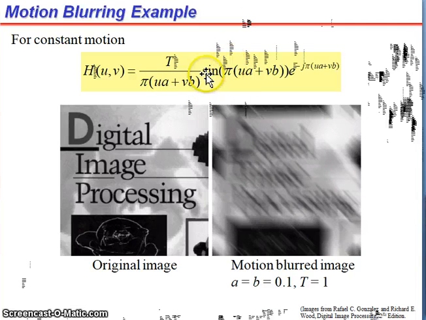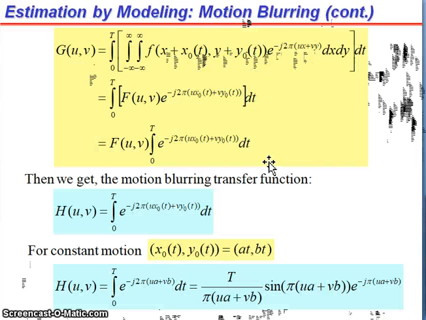Here this is a blurred image, where a, b is 0.1 and T is 1. Now I can easily find out the H of u comma v. This is due to this motion blurring. If I substitute in this equation, you can get an image like this. From this H of u comma v, I can reconstruct the original image from this blurred image. That is nothing but estimation by modeling.